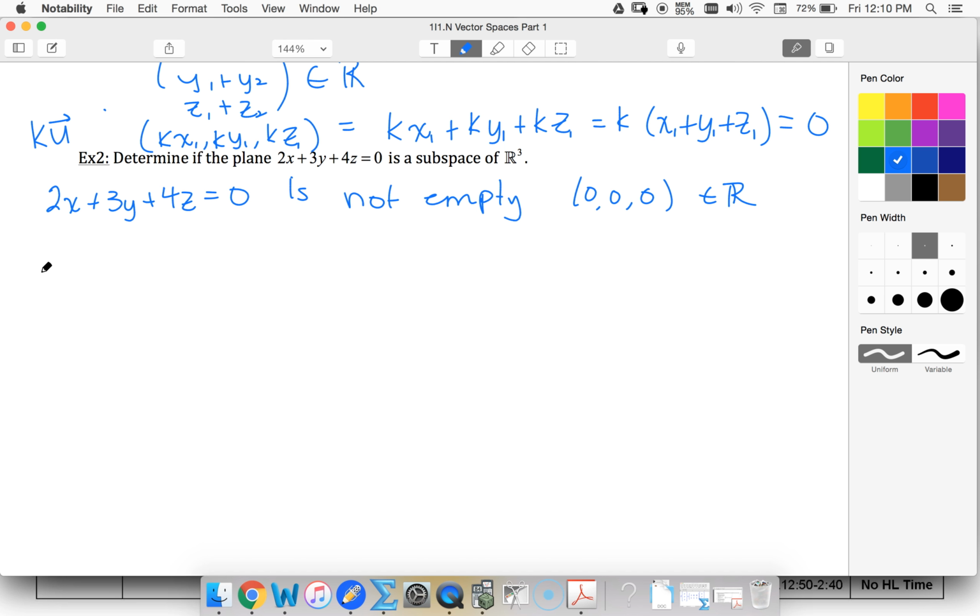So now let's look at taking our two vectors and adding them together. We know that 2x1 plus 3y1 plus 4z1 is equal to 0, and that we've got (x1, y1, z1) as an element of R3. We could say the same thing for another point.